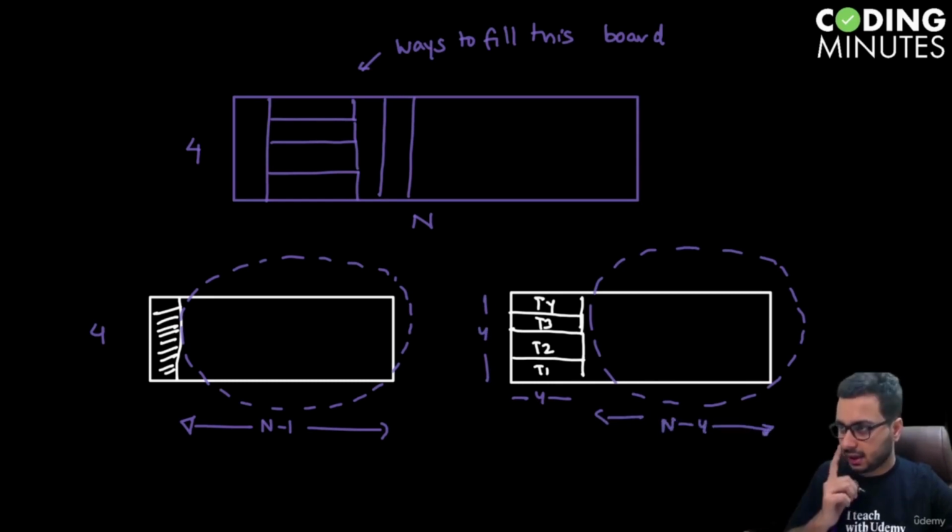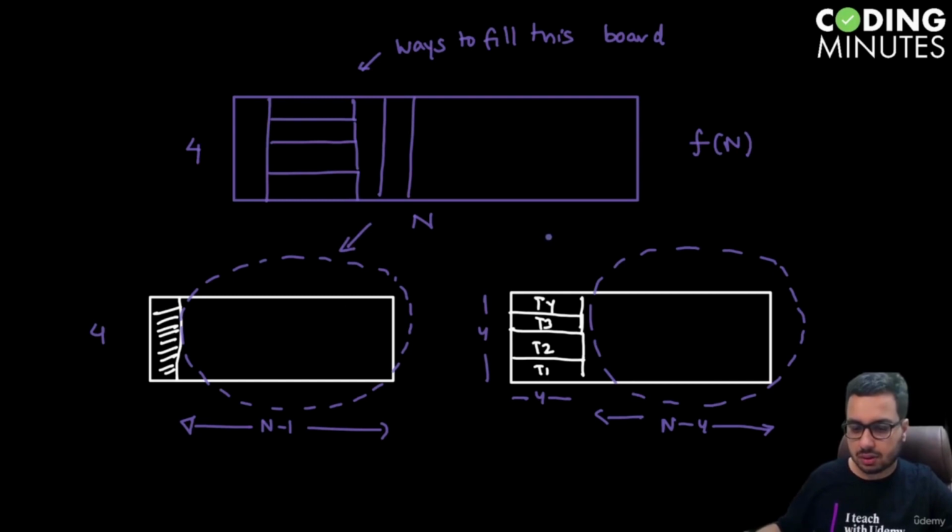So can I say, if f of n is the number of ways to fill this entire board, then f of n would be equal to the sum of these two options. There are only two options to start with: either you place the tile vertically or you place it horizontally. So the number of ways to fill this board would be f of n minus 1, and the number of ways to fill this board would be f of n minus 4.